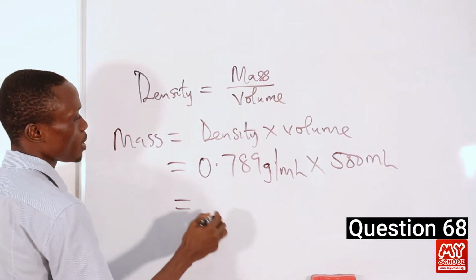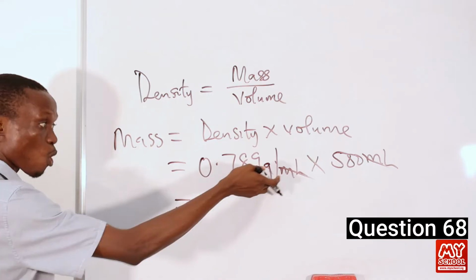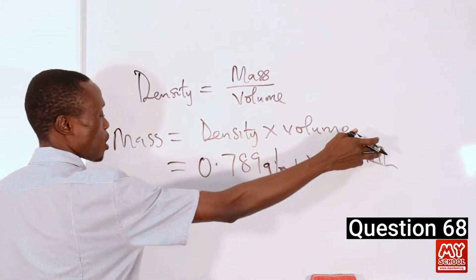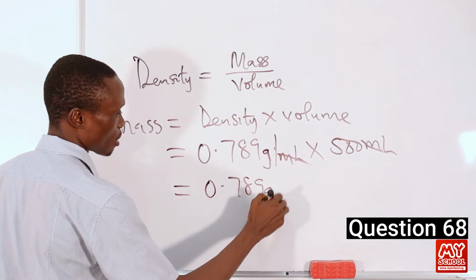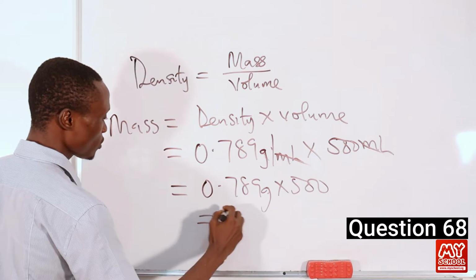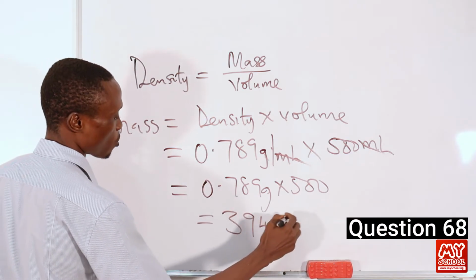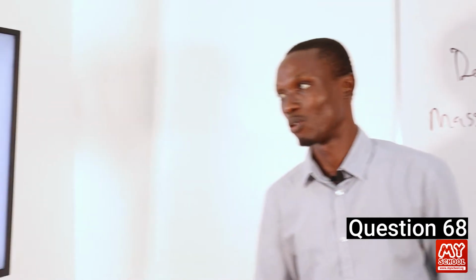Milliliter will cancel out milliliter, since this milliliter is under, it is actually dividing. So we'll be having 0.789 gram times 500, and that will be equal to 394.5 grams.